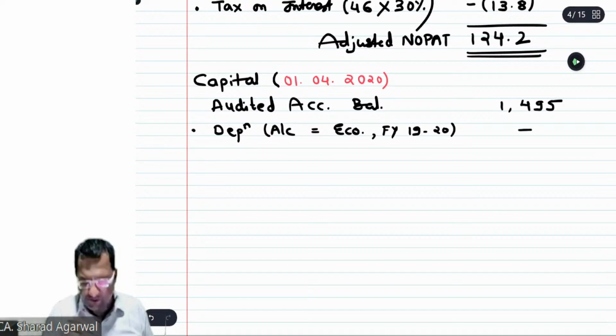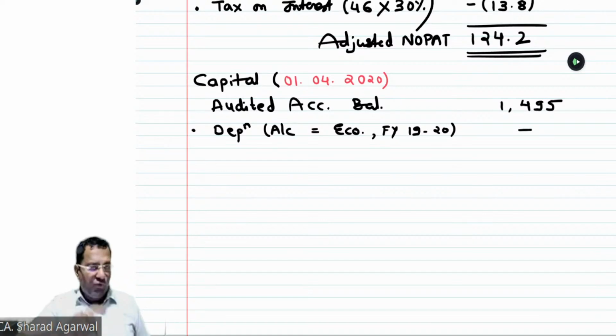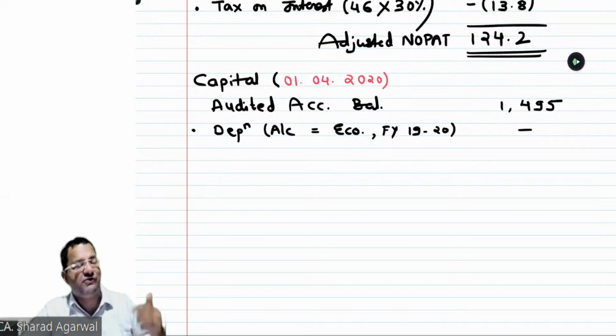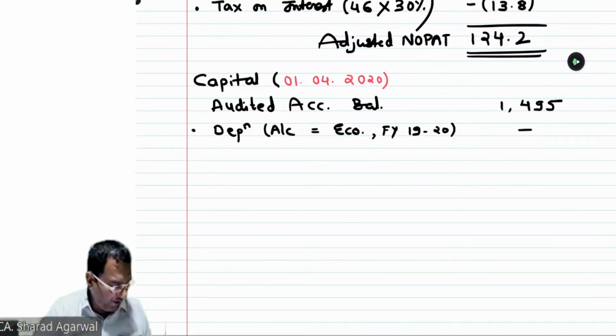Therefore, no adjustment will be done. While the 2021 adjustment will not be done in the capital because the capital has been taken till the end of the previous year, so there will be no adjustment of depreciation.